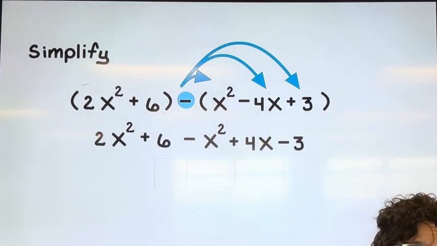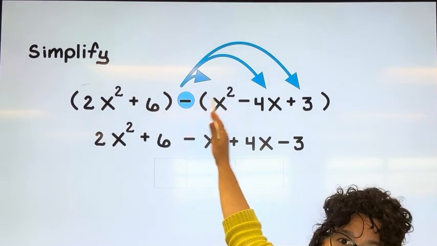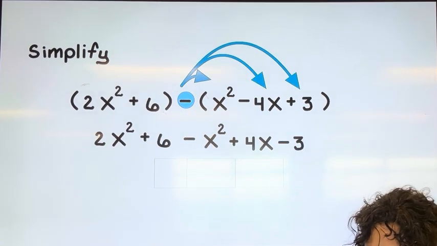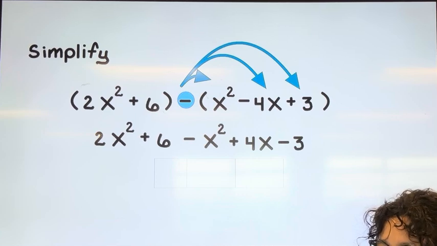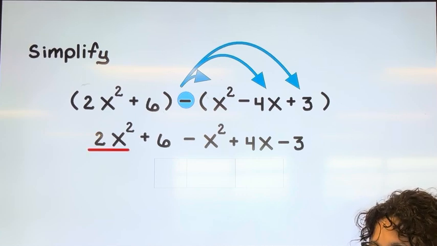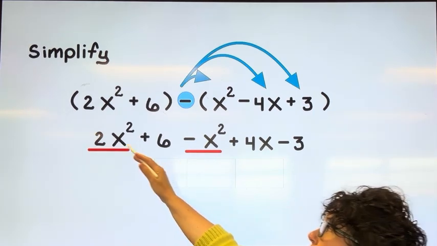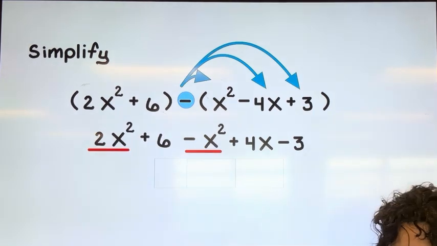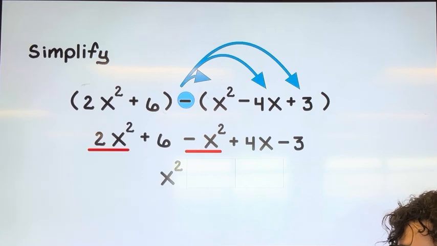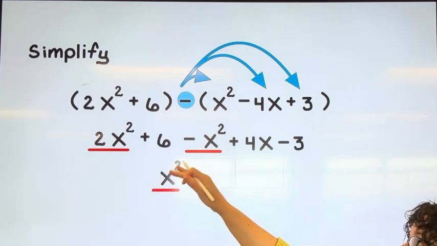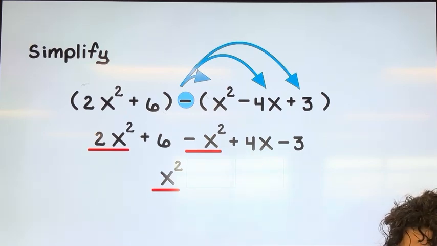Now that we have the parentheses gone here by distributing the sign in the middle through the set of parentheses, we're going to look for things we can combine. 2x squared and a negative x squared, those are like terms. So 2 of these minus 1 of these is 1 of them. So I have 1x squared. Then let's go to the next degree down. We are squared, so now to the x's.